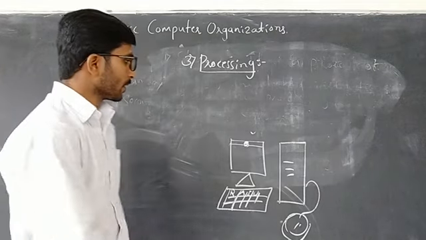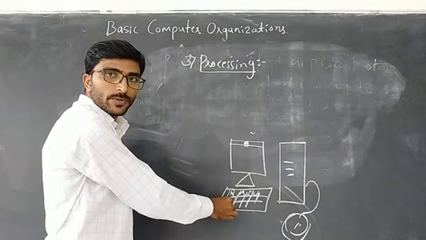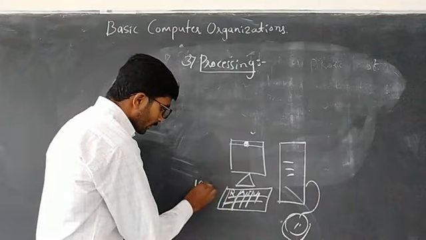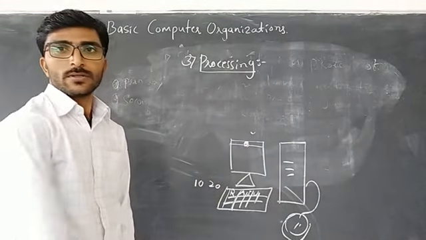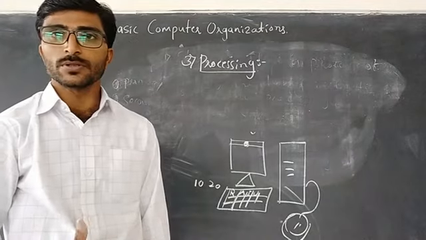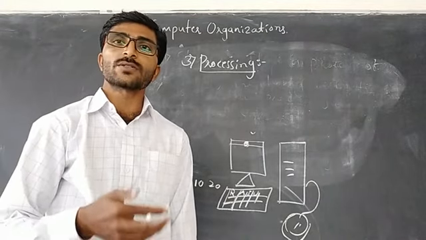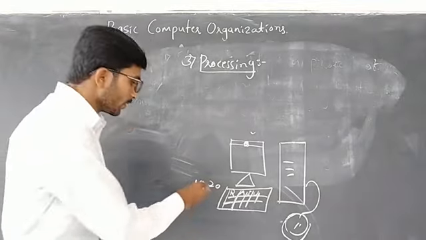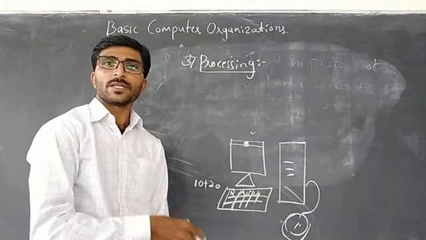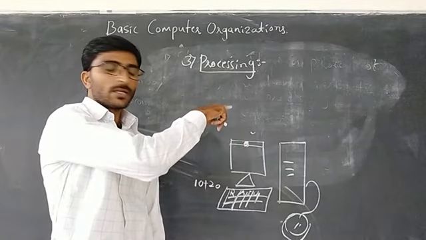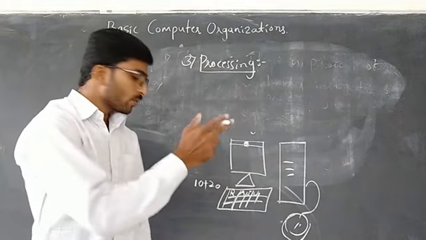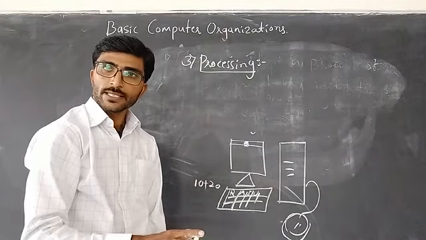Assume that using the keyboard I am providing the input like 10 and 20. These two, 10 and 20, are the user inputs, and the user wants to add these two numbers. How does the computer add? In the processing function, it takes these two numbers using the input function and stores them in memory using storing devices.